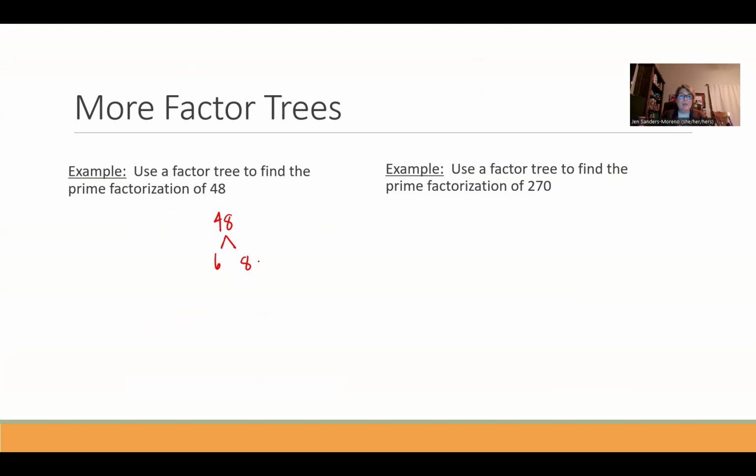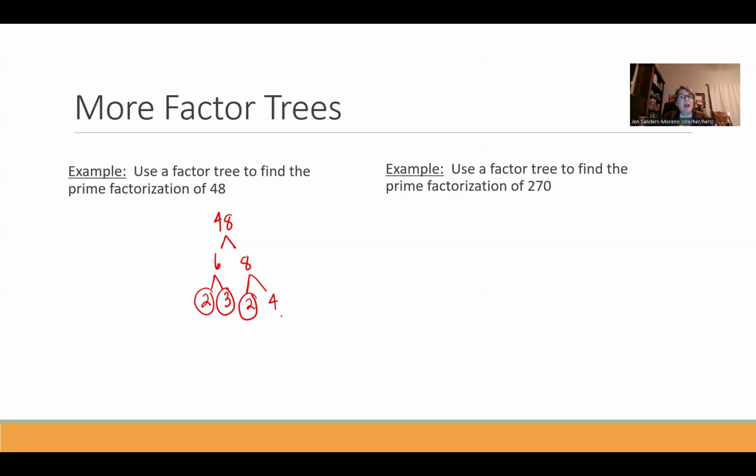There's a list. Now, neither 6 nor 8 is prime, so I'm going to have some breaking apart to do. 6 is the same thing as 2 times 3, so I need a 2 and a 3, and both of those are prime. And 8 would be 2 times 4.